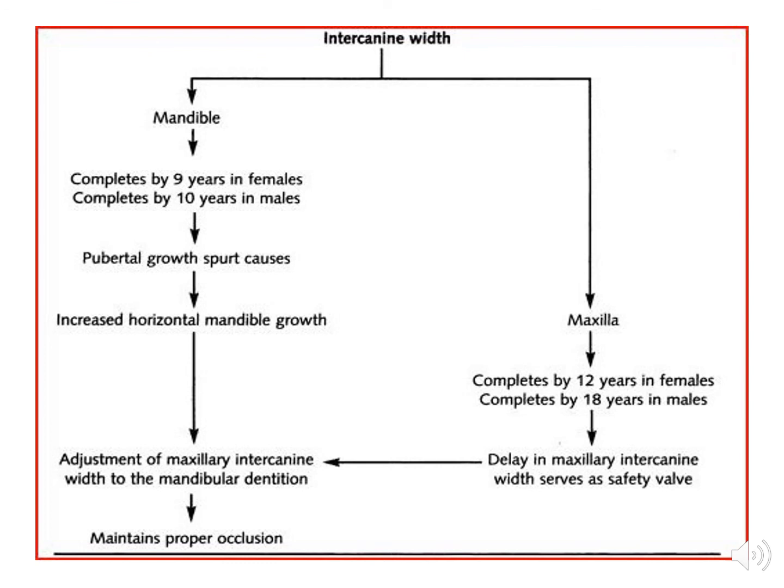When we look at the maxilla, the intercanine width will complete by 12 years in females and 18 years in males. This also shows there is a delay in the maxillary intercanine width, which serves as a safety valve. So both in the maxilla and the mandible, intercanine width will maintain proper occlusion.